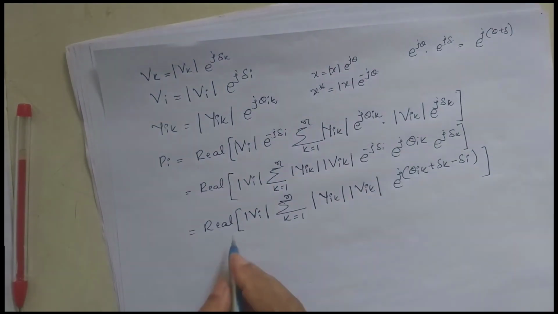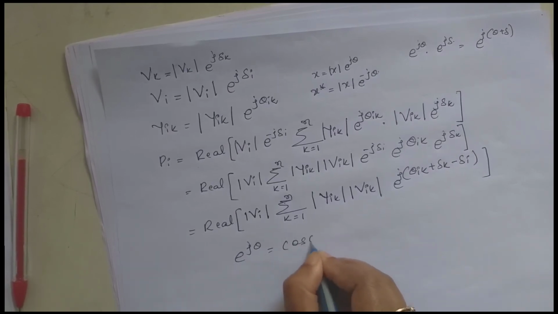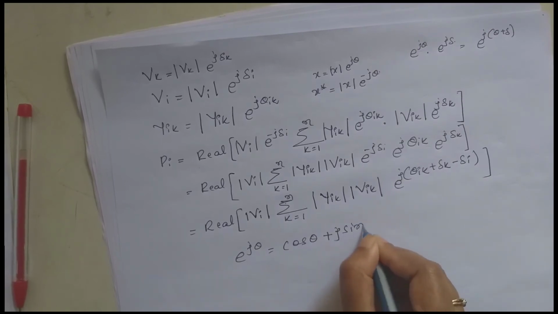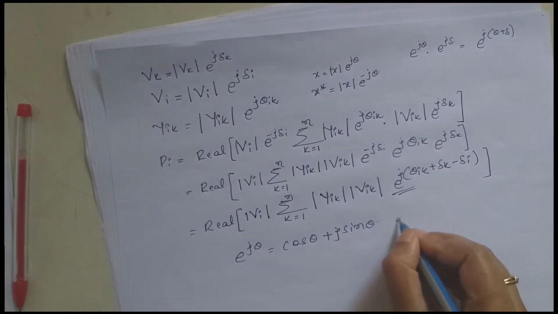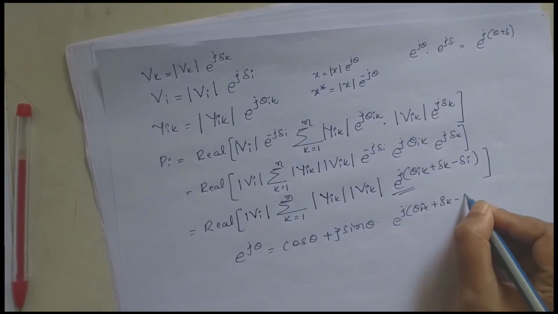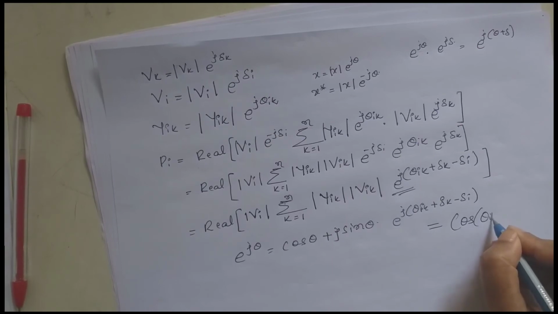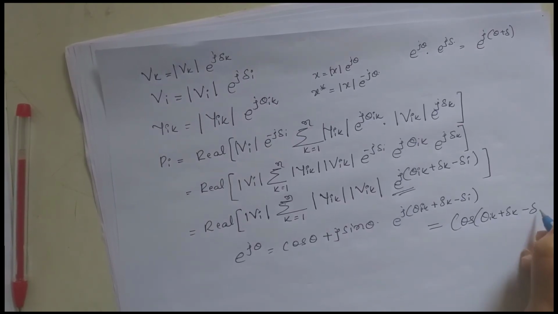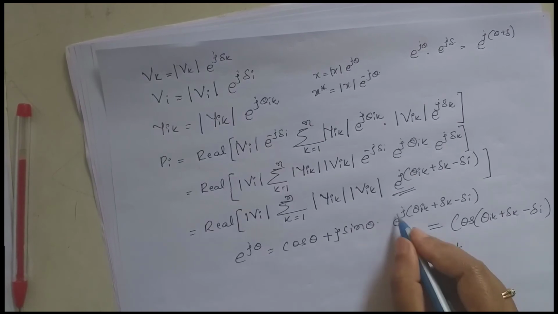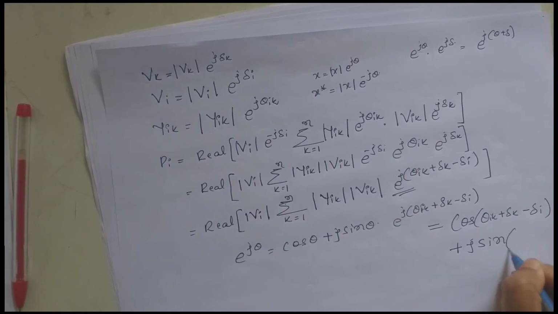We know that e power j theta is equal to cos theta plus j sin theta. So e power j into theta ik plus delta k minus delta i becomes cos of theta ik plus delta k minus delta i, plus j sin of theta ik plus delta k minus delta i.